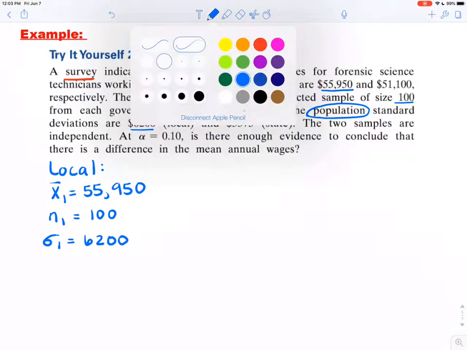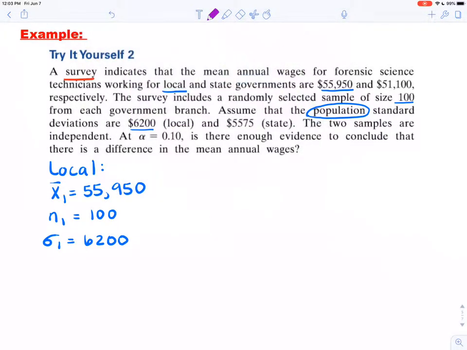Now, my other group, what I'm going to be comparing this to, are the annual wages for state governments. So again, I'm going to do the same thing. I'm going to write down those 3 values that I'm going to need to run the test. I have a sample mean, call this X bar 2, of $51,100.